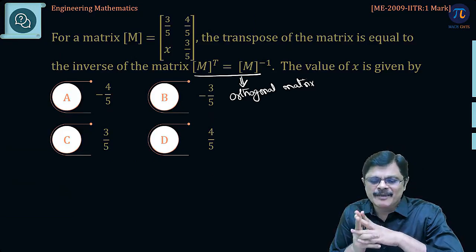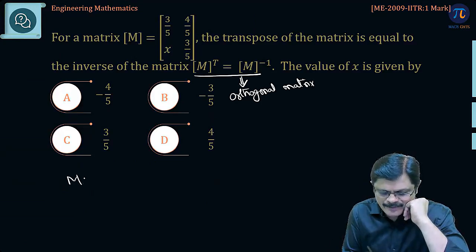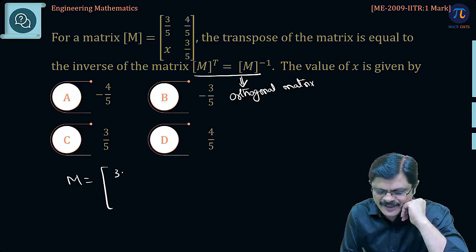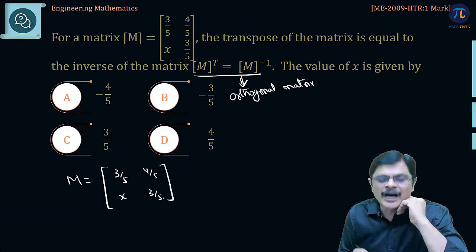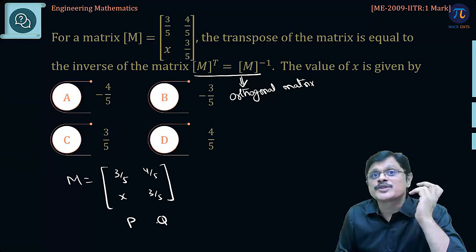See, my dear friends, when a matrix is orthogonal, the columns of this particular matrix, which has entries 3 by 5, x, 4 by 5, and 3 by 5, let us name the columns P and Q. The columns form an orthonormal set.